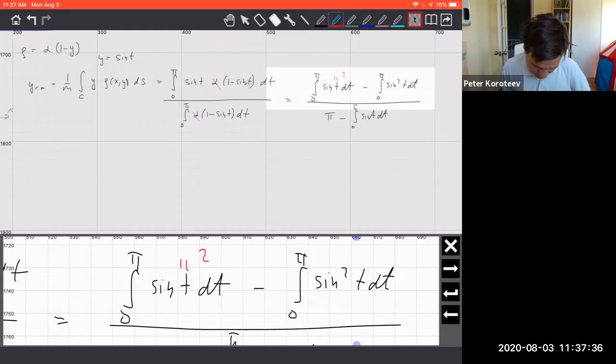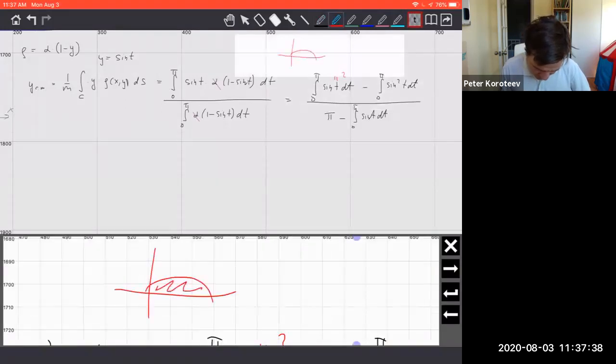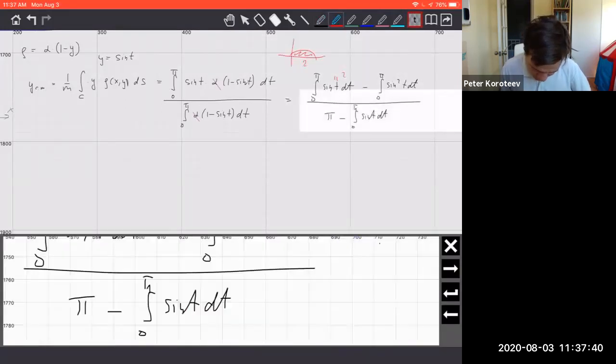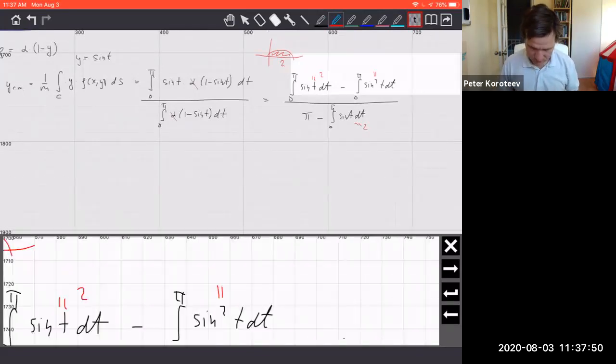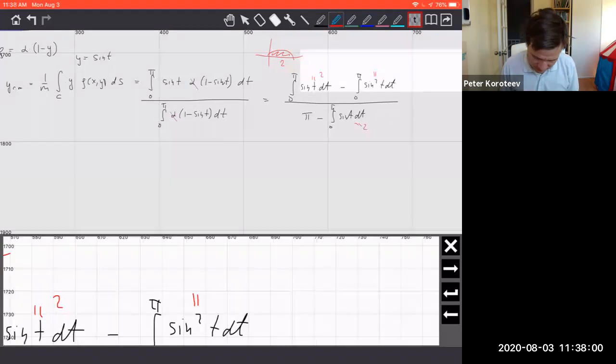Remember, the area under this arc of the sine function is equal to 2. What's the value of the integral of sine squared t dt from 0 to pi? Pi over 2. That's right, because it's one half of 1 minus cosine 2t, so the integral over the oscillating term vanishes and it's equal to pi over 2.